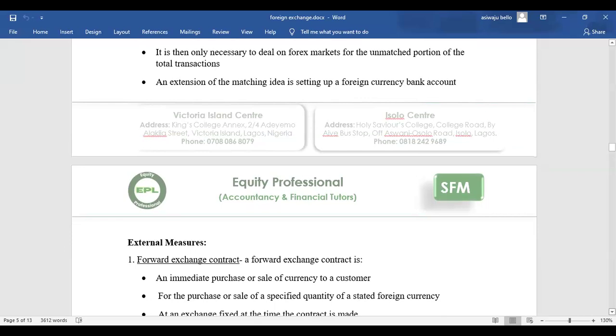Under these contracts, there's a forward rate, a fixed exchange rate that is agreed, at which the company will buy or sell currency. Once the exchange rate has been agreed, that rate becomes a binding exchange rate for the future transaction.